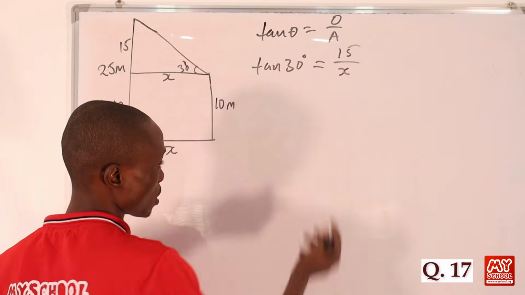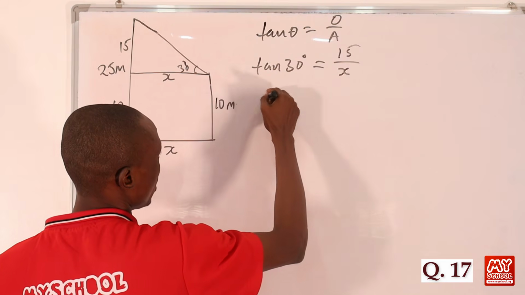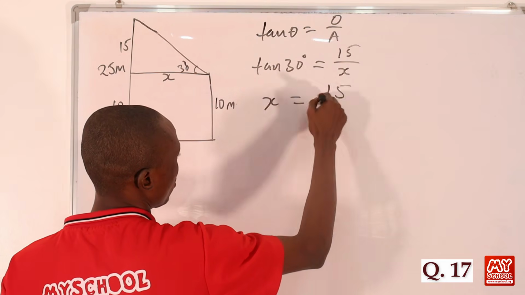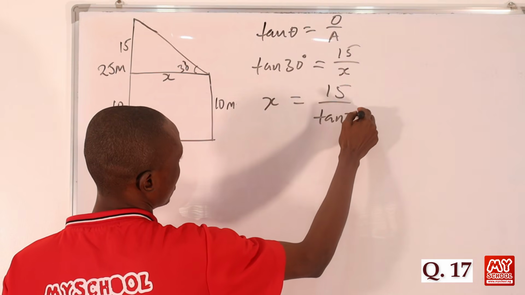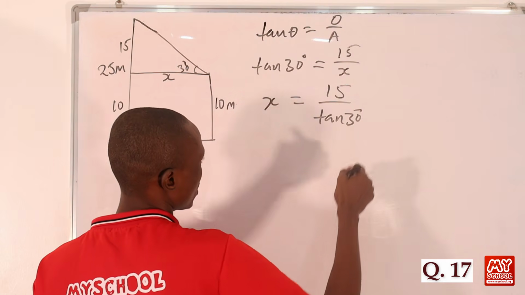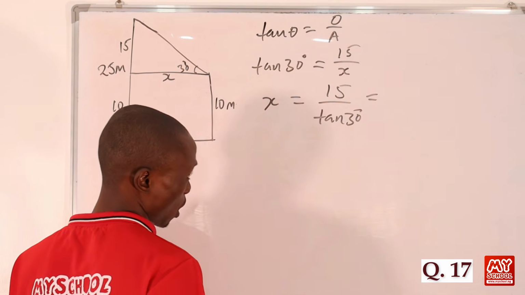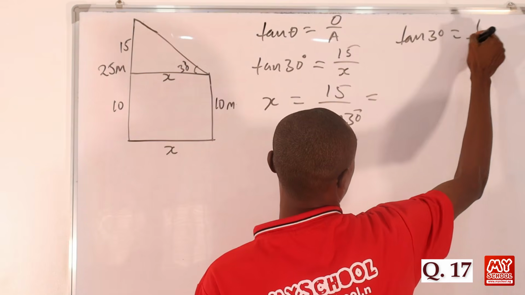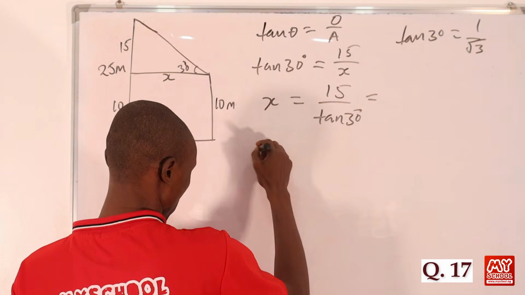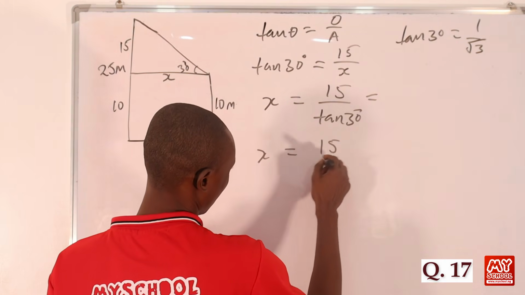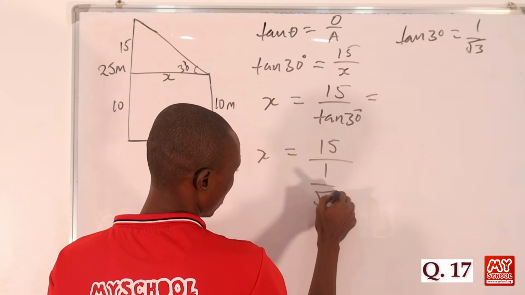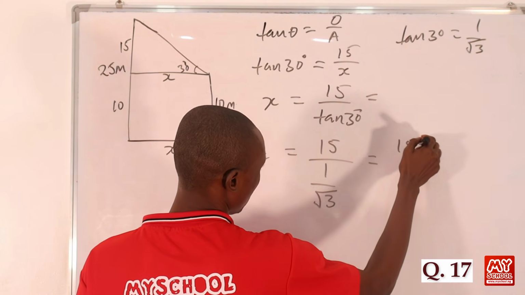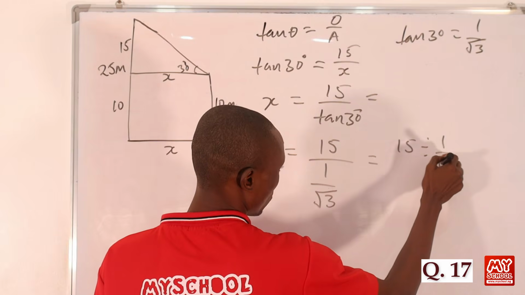It's just for us to make x the subject of formula, so that x is equals to 15 over tan 30 degrees, right? But remember that tan 30 is one of those special angles, and tan 30 is equals to 1 over root 3. Okay, so x is equals to 15 over 1 over root 3. So if we rewrite this, we'll be having 15 divided by 1 over root 3.